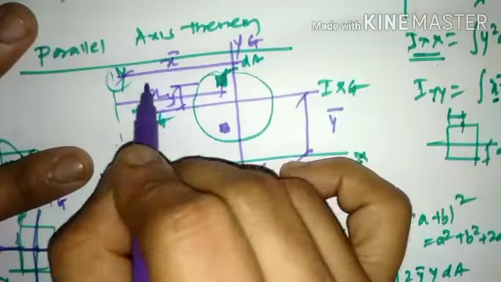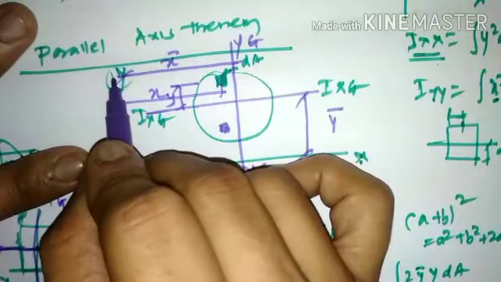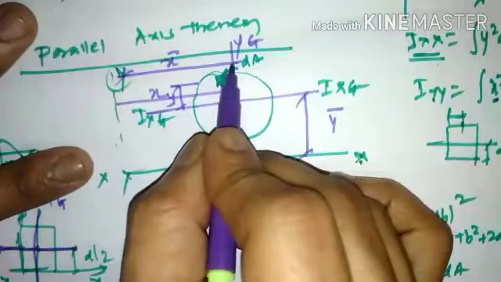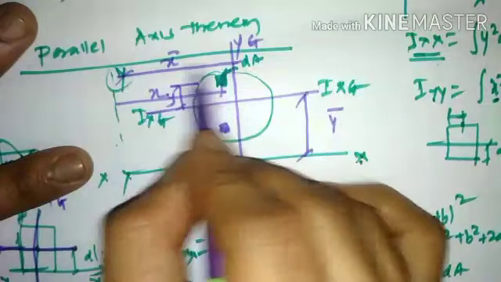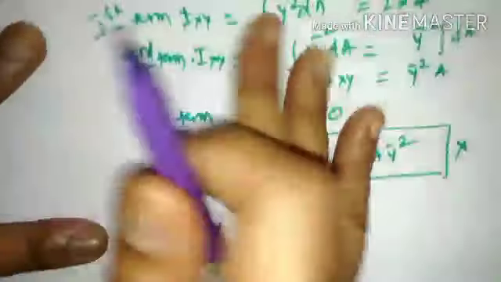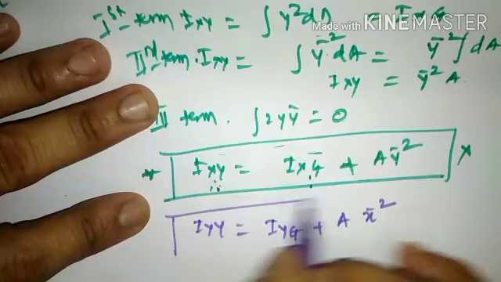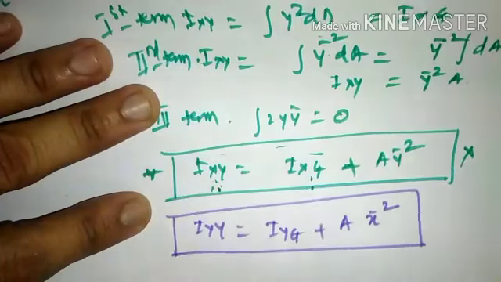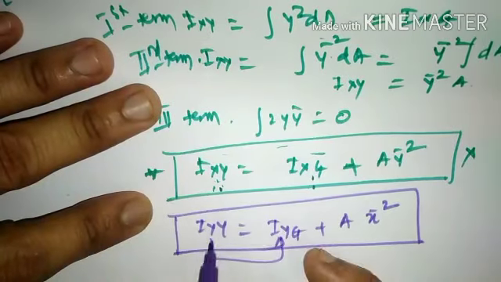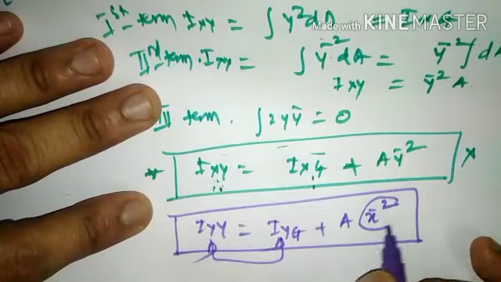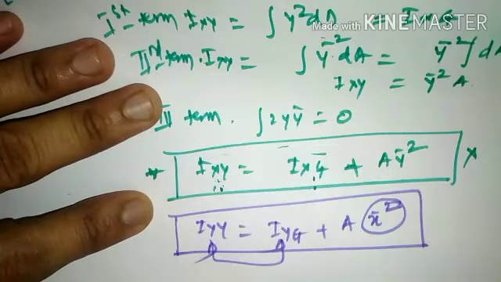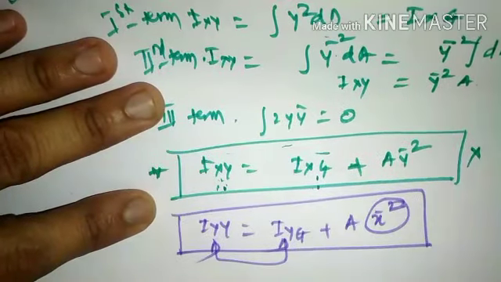One axis is yy, the other axis is yg. The total distance between the two axes will be x bar, so this will be x bar square. This is the relationship between two parallel axes and the perpendicular distance between them. So this is the parallel axis theorem that we consider along the x direction.